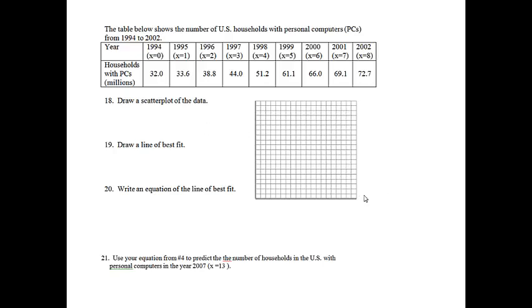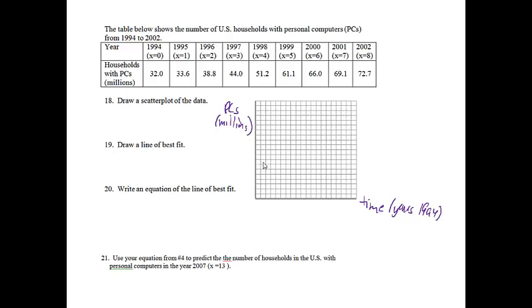Okay, we will have time on the horizontal axis. Since it says years since 1994, that is what I'll label it, and PCs, and I'm going to put that this is in millions.